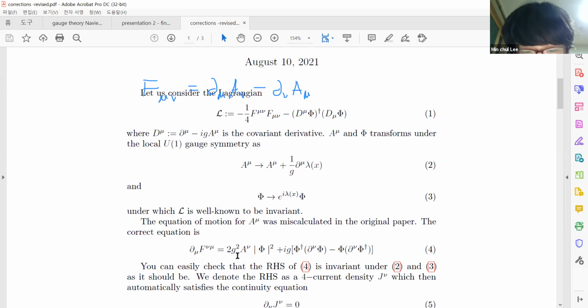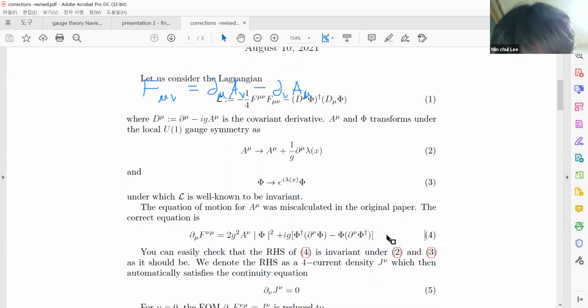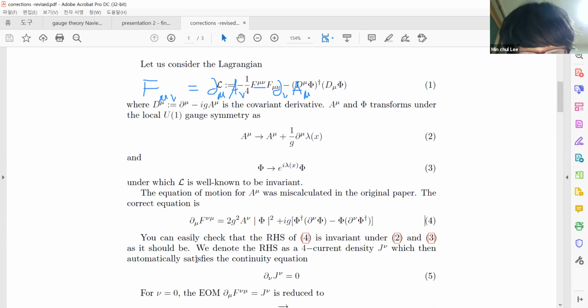We denote the right-hand side as a 4-current density J nu, which automatically satisfies the continuity equation.